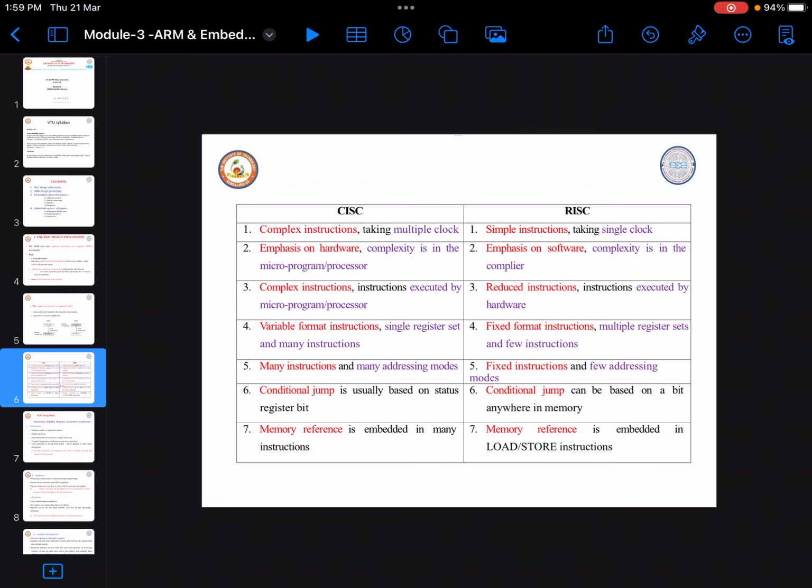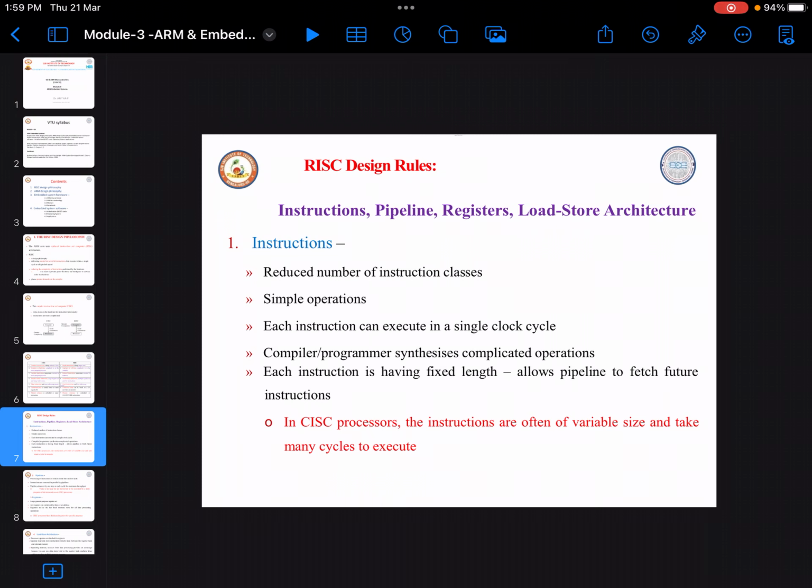In RISC, conditional jump is based on a bit anywhere in memory, whereas in CISC it is based on the status register bit. Memory reference in CISC is embedded in many instructions, whereas in RISC it is with respect to load and store instructions. Or you can say that RISC architecture is a load and store architecture.